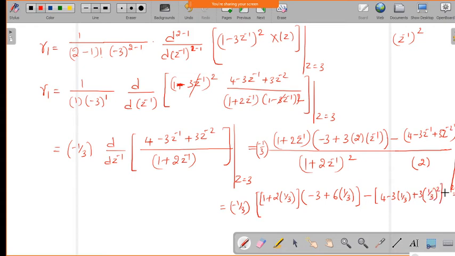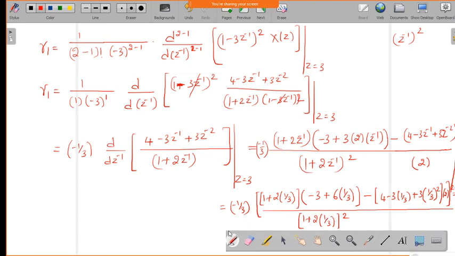This into the value 2, divided by 1 plus 2 into 1 by 3 whole square. So this is the complete value of gamma 1.